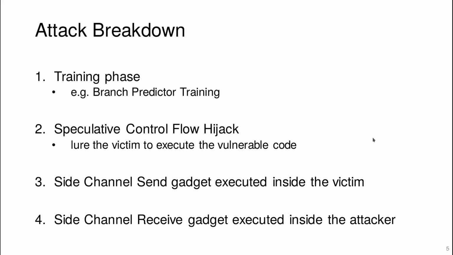Typically you'll have the send operation of a side channel that extracts data from the victim and sends it to the attacker, so that in step 4 later the attacker can execute the receive end of the side channel to retrieve this secret data.